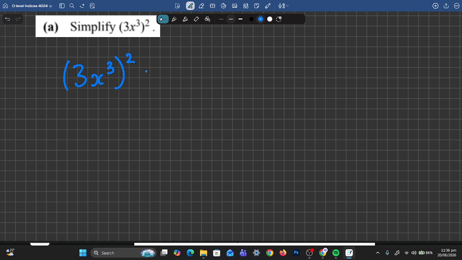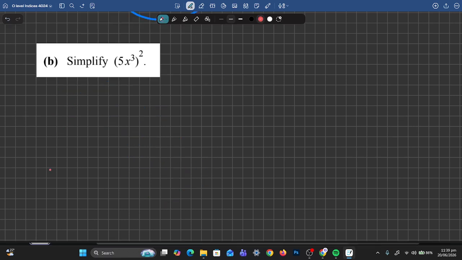As this power is on the full bracket, this power will also apply on 3, and when we apply the power on x cube, this power will multiply with the x cube power. We can remove the bracket. So 3 square is 9, and x to the power 3 into 2 is 6. So this is our final answer.